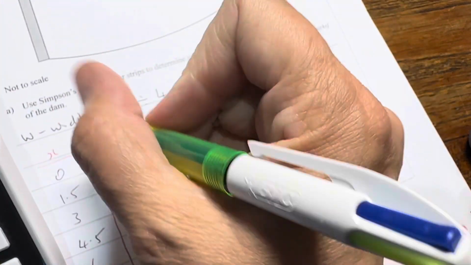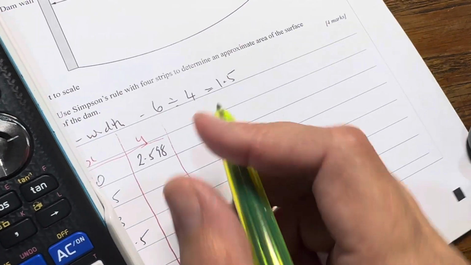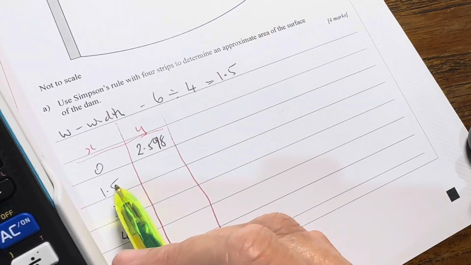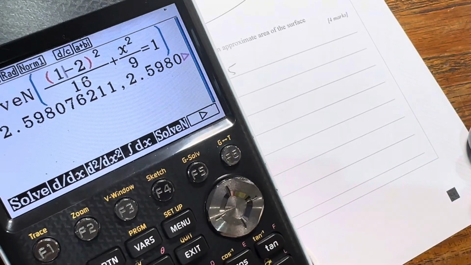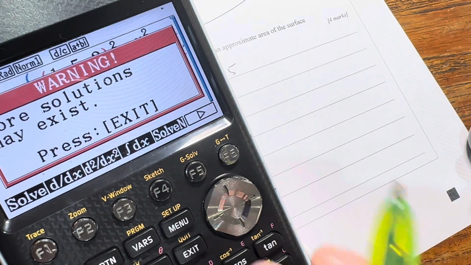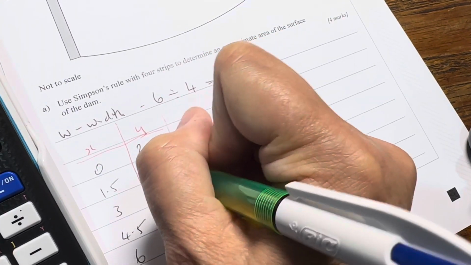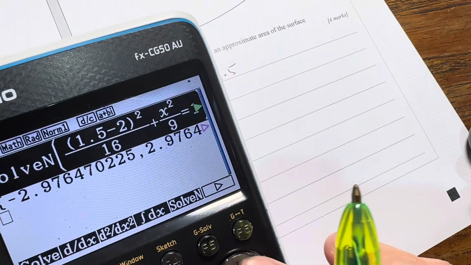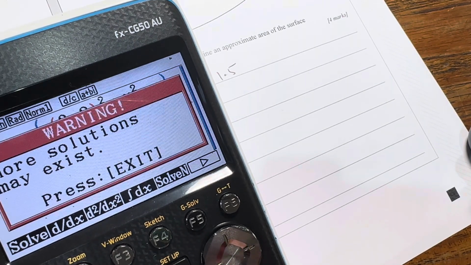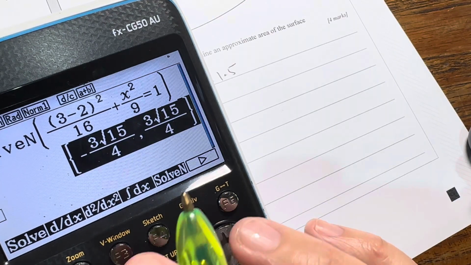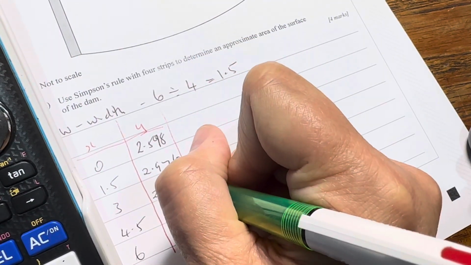2.598. Now I know you could go 2 decimal places, I just like to do the third because I like to be exact. Now when I go to do my 1.5 in here, I'm just going to go up, delete the 0 and put in 1.5. Execute, exit, 2.976. Then I'll put in a 3, exit, 2.9047.